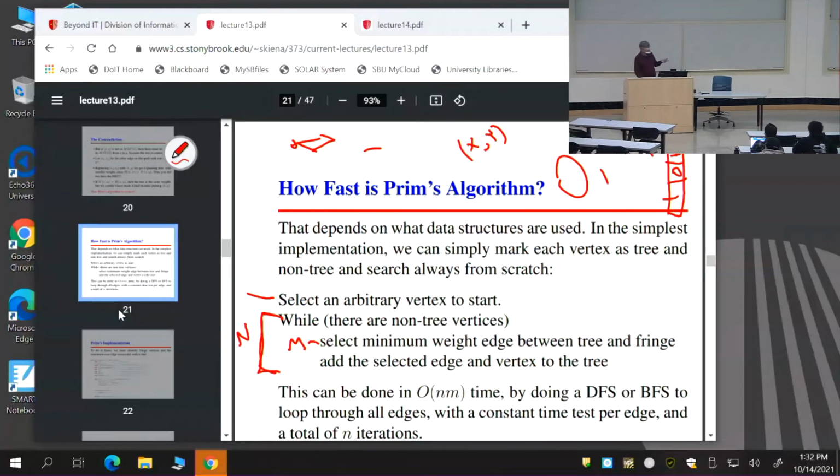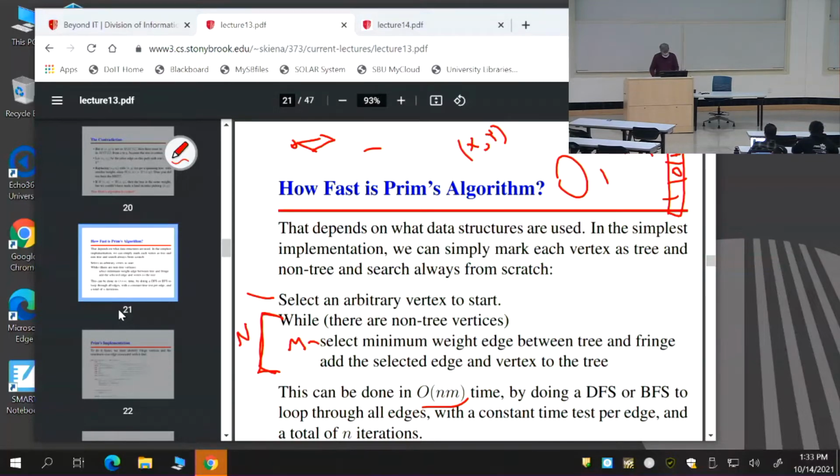Now I can just look up: is intree of x equal to intree of y? If they're not equal, then one is in and one is out. Any questions? You see how I use this bit vector idea to do that test? If you do that, we can do Prim's algorithm in a total of n times m time. Any questions?